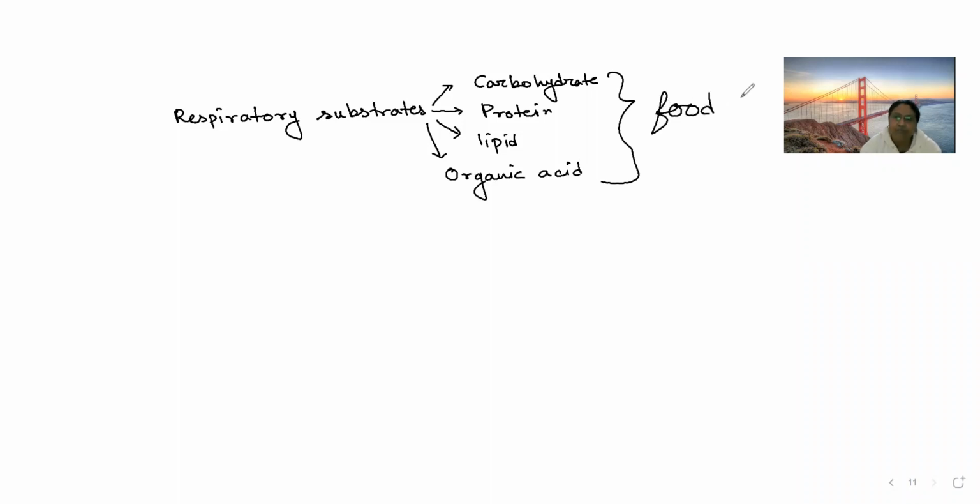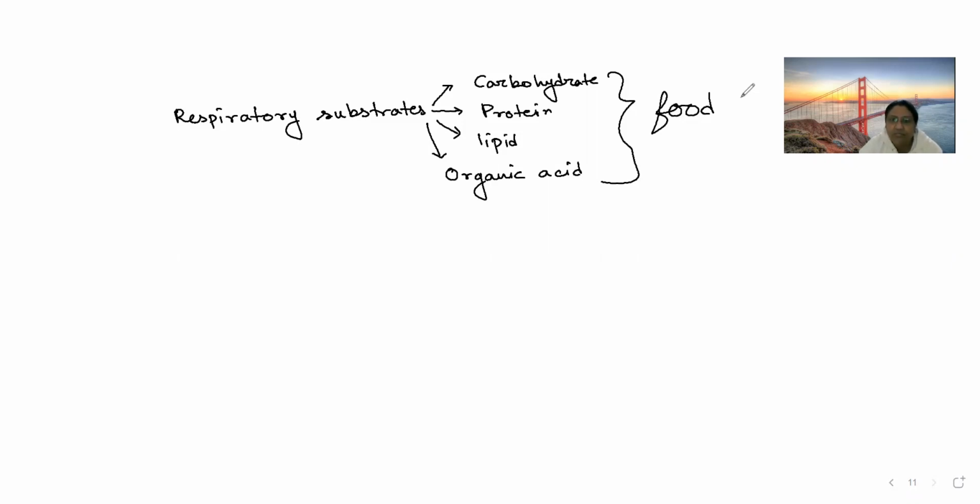But then you will have one question: if any kind of food material can be used as a respiratory substrate, then why when we talk about respiration do we always start the equation with C6H12O6, that is glucose?